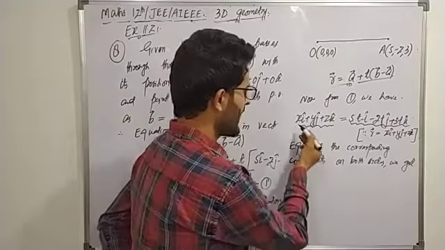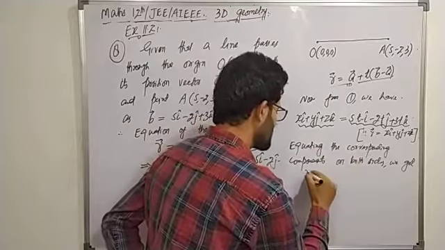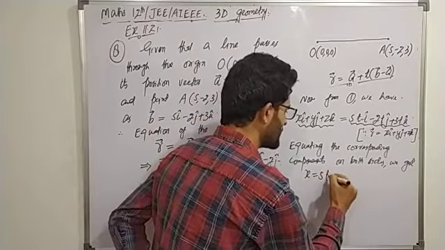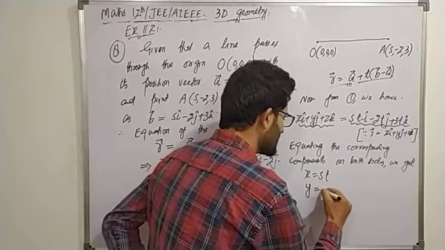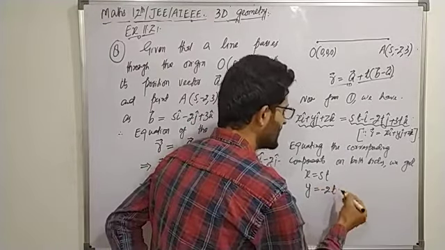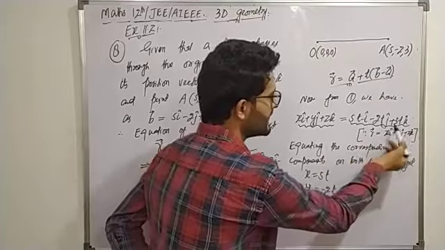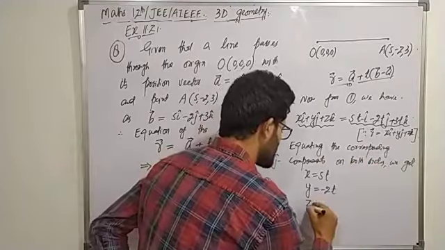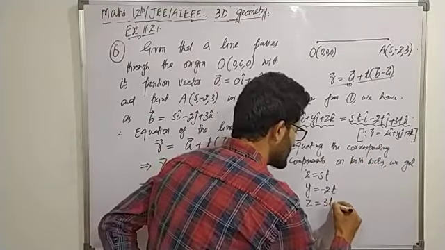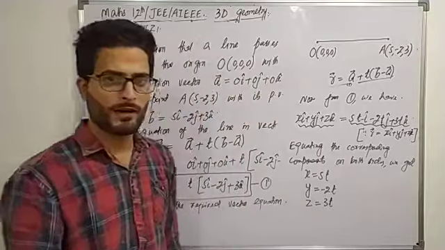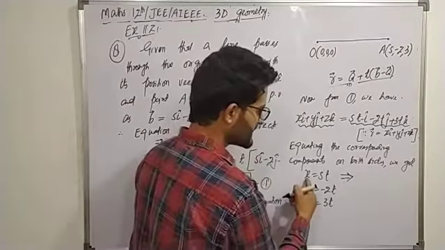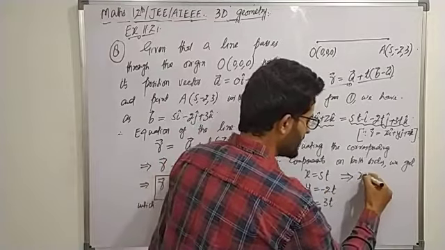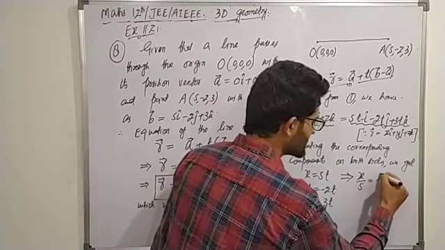Yes, x must be equal to 5t, y is equal to minus 2t, and z is equal to 3t. Clear? From here we can write, yes, x divided by 5 is equal to t, so x divided by 5 must be equal to t.